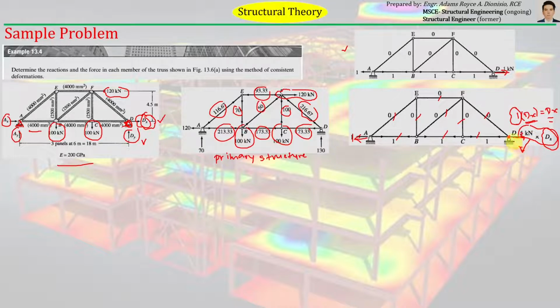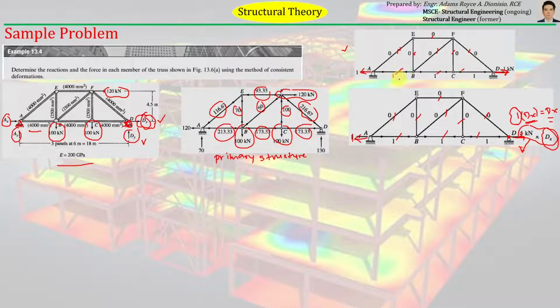So the direction of the redundant is to the right, so the direction of the unit load that we will apply on this same structure will be to the right. And then we can easily compute the corresponding reaction here as well as the corresponding axial forces on each of these members.